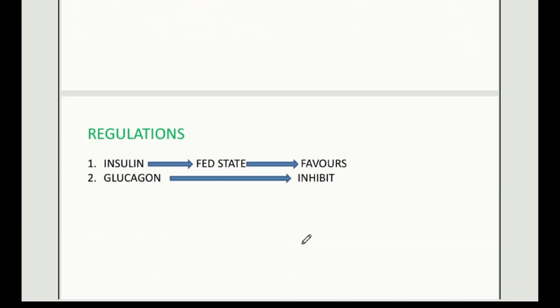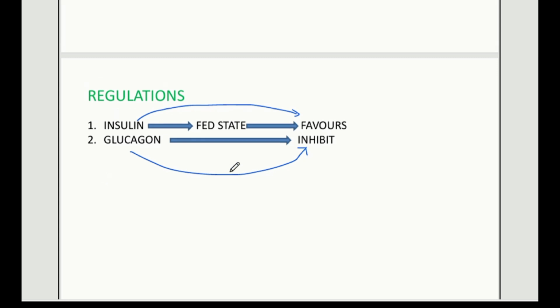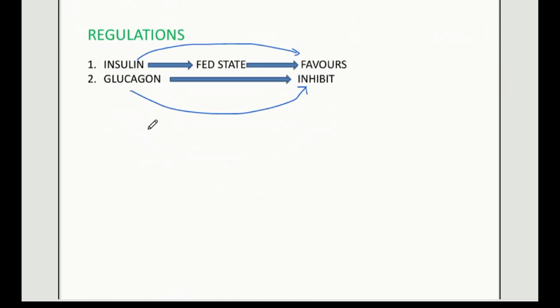Now come to the regulation. Again, when the hormonal regulation comes, two hormones are very important, insulin and glucagon. Insulin promotes the TCA cycle and glucagon inhibits. Another, ADP is an important factor for the regulation of TCA cycle.